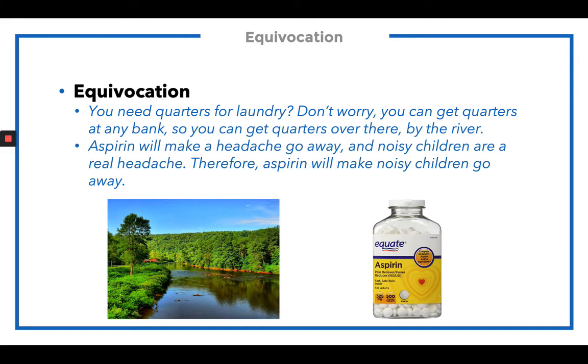Here's another one. "Aspirin will make a headache go away, and noisy children are a real headache. Therefore, aspirin will make noisy children go away." The equivocation is on the word headache. There's the thing that you experience in your head, and then a headache in colloquial terms means something like an annoyance or bother. Although aspirin might make your headache go away, it won't make bothers or nuisances go away.